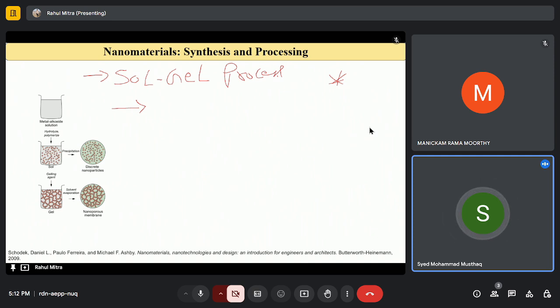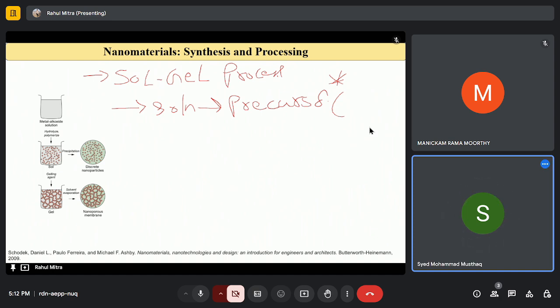A precursor is the solution of the species of the nanoparticles that we are going to make, right? So we have a solution which contains the precursor, and for this we normally use precursors such as inorganic metallic salts or metal alkoxide salts.